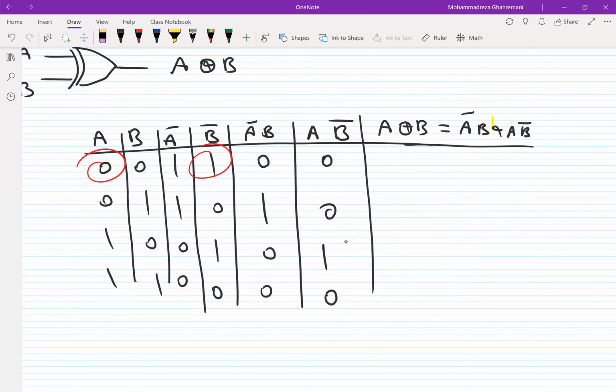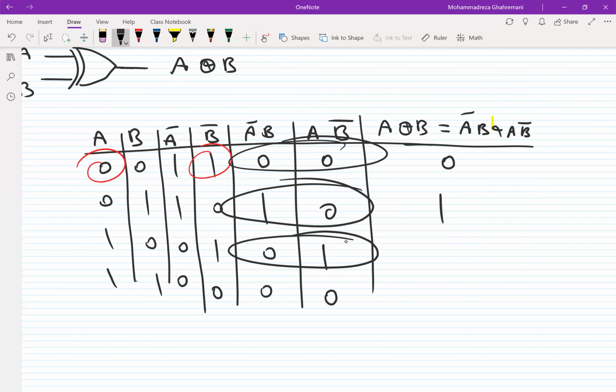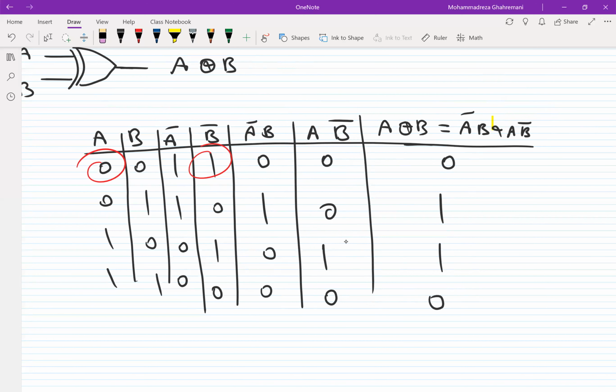So here both inputs are 0, output is 0. Here one of the inputs is 1, output is 1. Here one of the inputs is 1, and here both inputs are 0, so it's 0. So here we are showing the truth table of the XOR gate in detail.